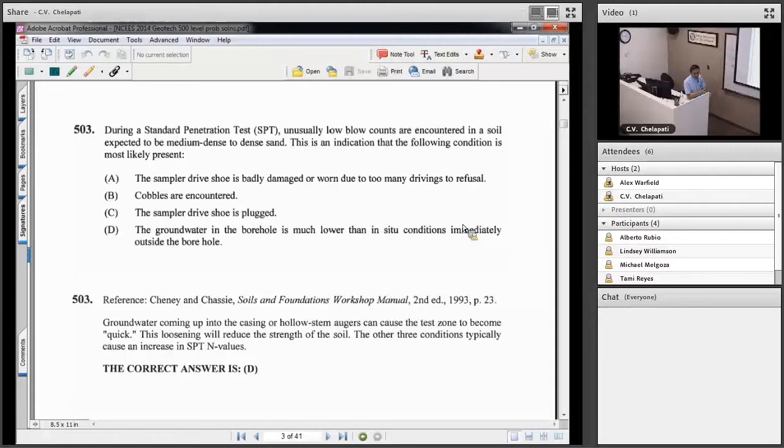Usually if you're driving below water, sometimes these are used in casings or hollow, since we use hollow stem auger a lot, you're drilling down, and then if you have groundwater that's up higher and the bottom of the casing or the hollow stem auger where you have your sampler, you have the hydrostatic pressure acting on the bottom of the sampler.